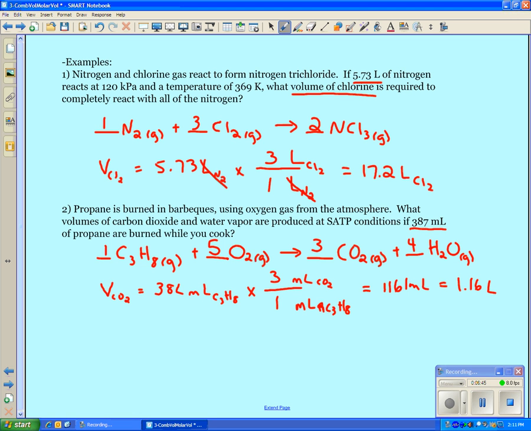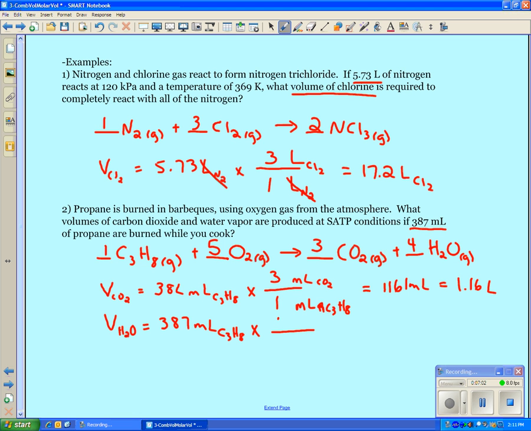Same idea with the water. So we're looking for volume of water, starting with 387 milliliters of propane times by the ratio from our balanced equation.